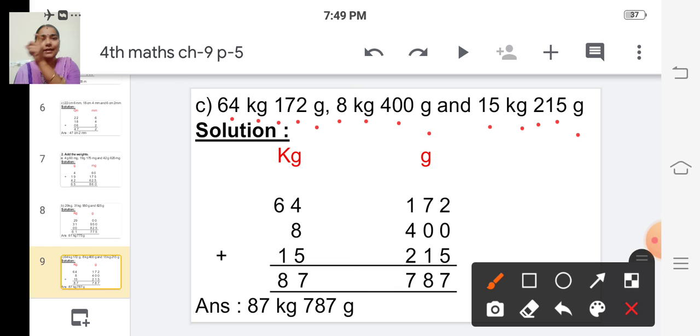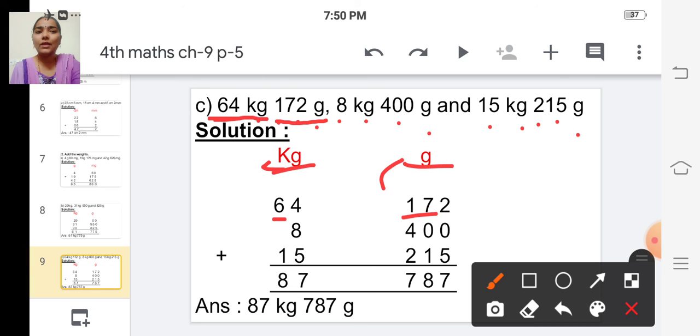So write kilogram and gram separately. Okay, and write their values below these units. Okay, so first one 64 kilogram. So write 64 below this kilogram unit. Okay, and 172 gram. So write 172 below this gram.